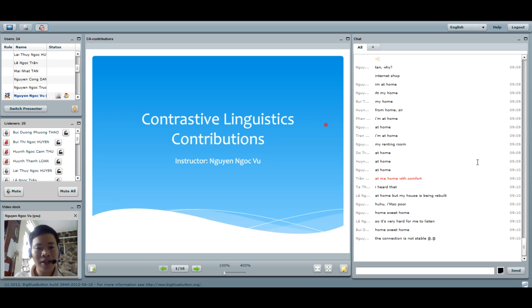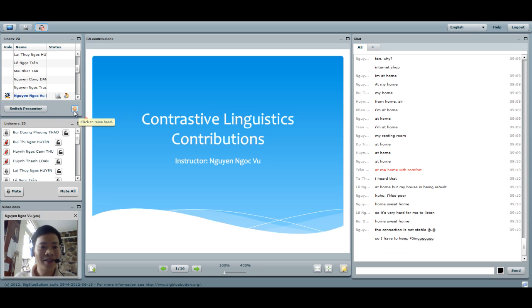If you look to the left side of the screen, you should see some symbols like a hand. Can you see a hand on the left side of your screen?